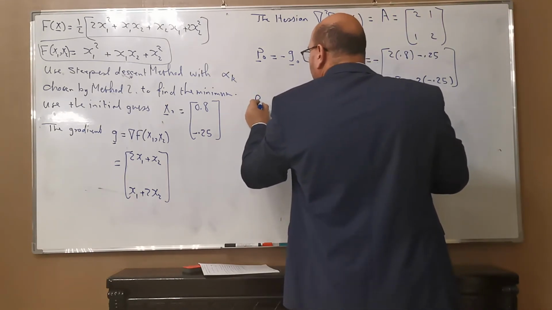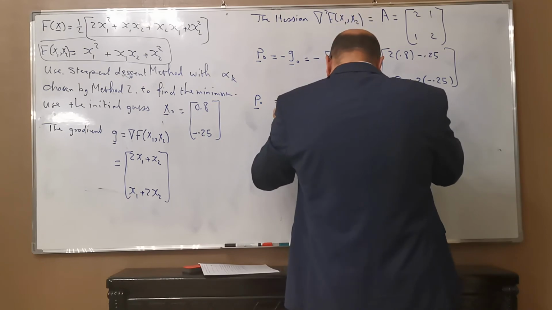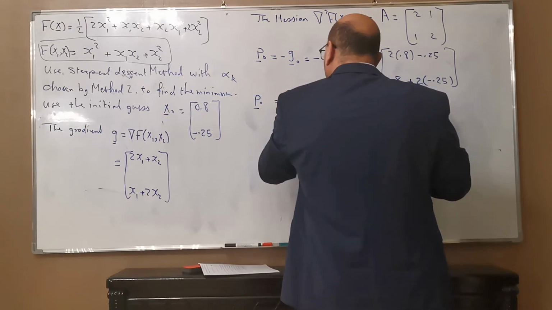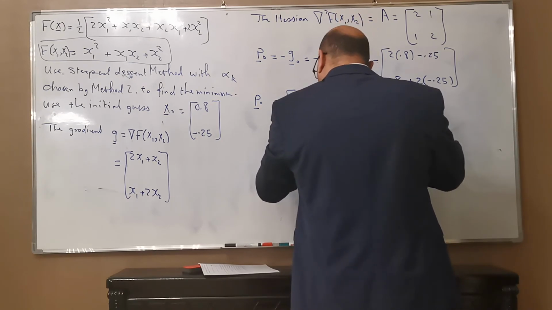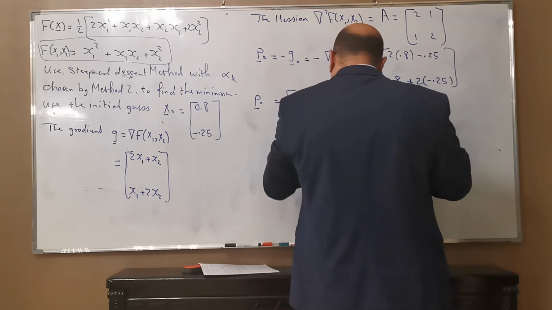So our p0 is equal to minus 1.35, minus 0.3.